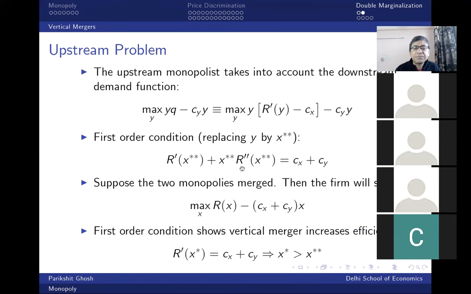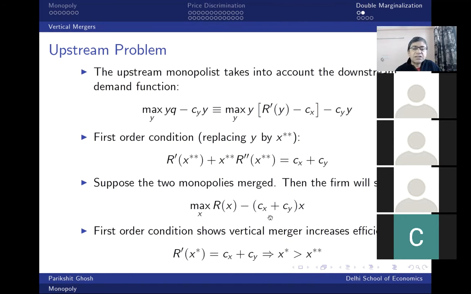R prime plus this X times R double prime equals the sum of the two marginal costs. So let's hold this in place. Let's keep it in reserve. And now let's switch to the situation where the two firms have merged. Now they're a single monopolist who do the logging and make the furniture in-house.